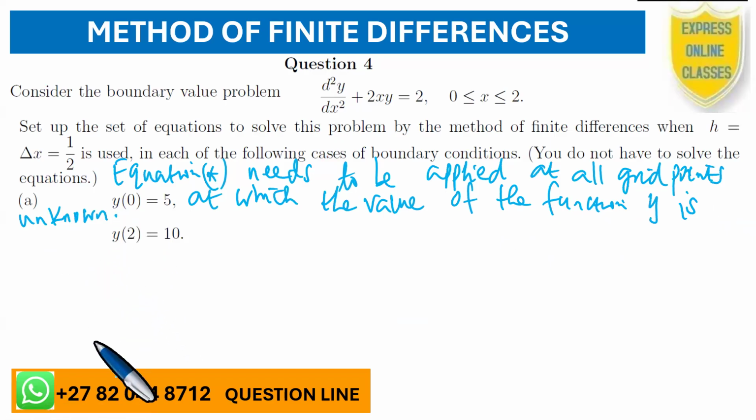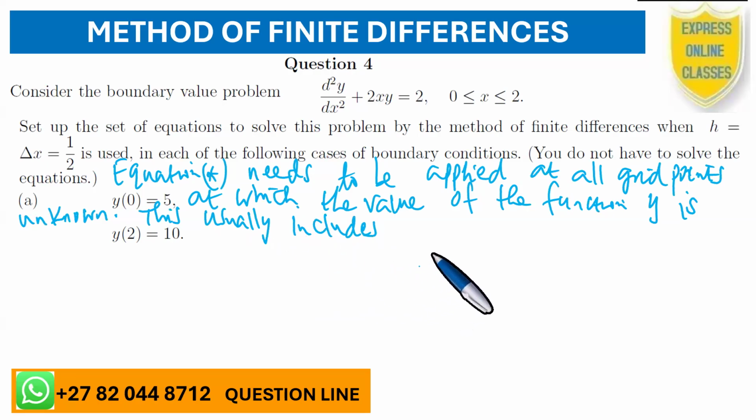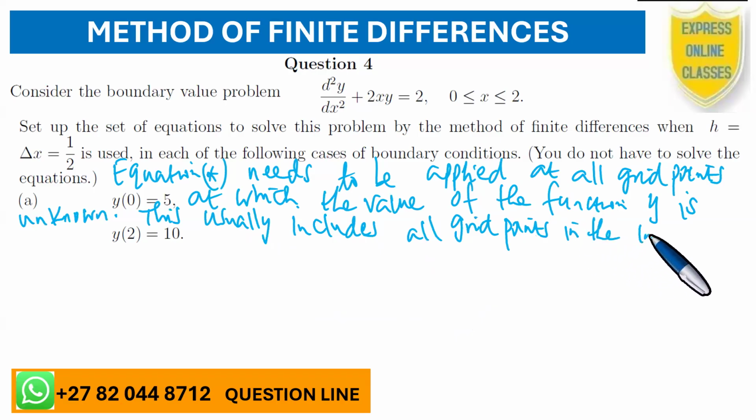It must be applied at all grid points at which the value of the function is unknown. This usually includes all grid points in the interior of the region.